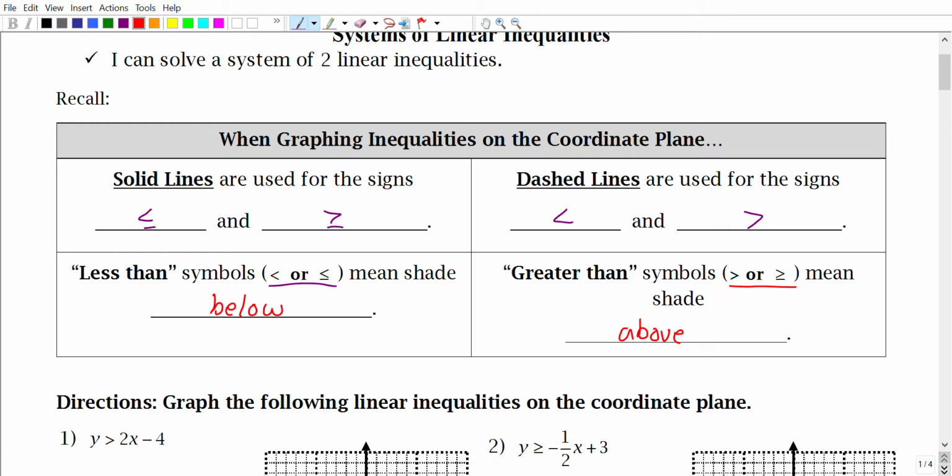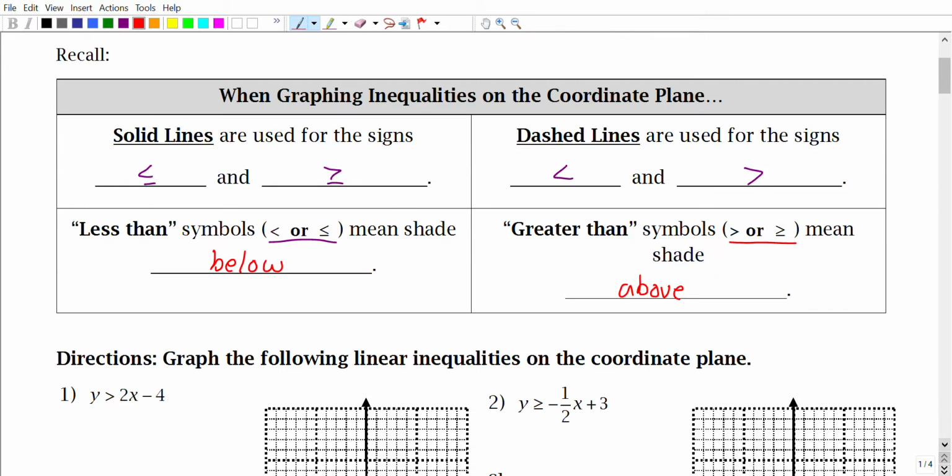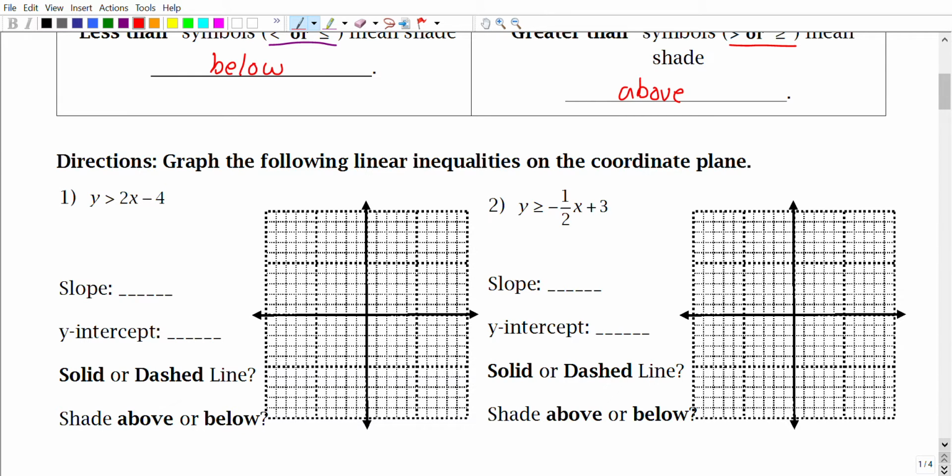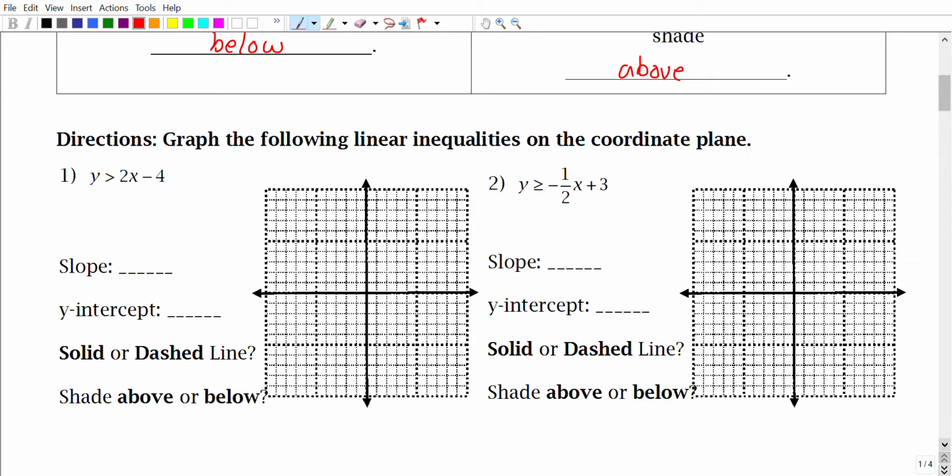So less than has to be below, and on the opposite side, greater than has to be above. Let's start looking at some inequalities just like we did in Chapter 4, and then see how we can combine them to create a system. Let's figure out what our slope is for number 1.